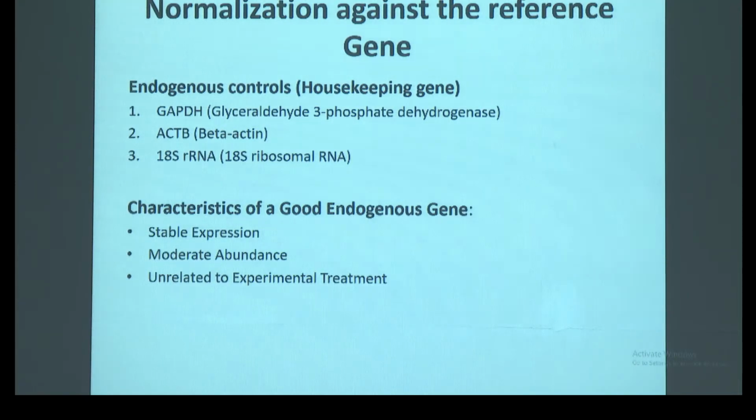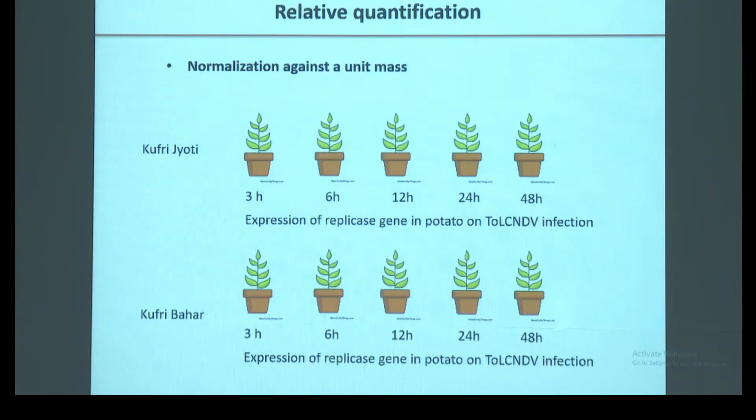अगर वो नहीं है then you take 4-5 endogenous control housekeeping genes, give the infection and check whose expression is constant. उसको हम लोग endogenous control use करेंगे. So let's say you took, थोड़ा बहुत slightly difference है, error है हमारा पाइपेटिंग में, हमने exactly same RNA नहीं ले पाए, तो उसको सेम DNA भी सेम इफिशिएंसी से नहीं बना पाए, then you are going for gene expression, तो थोड़ा बहुत वेरिएशन आएगा.